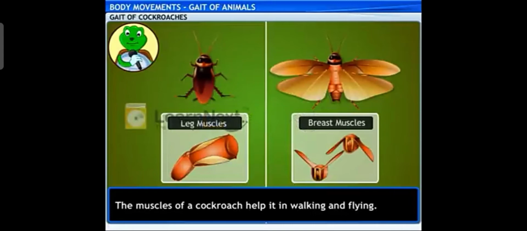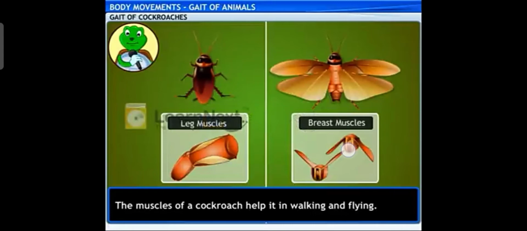So, we have said that there are 2 types of muscles in a cockroach: the leg muscles and the breast muscles. You can note that these are the legs, and these leg muscles help the cockroach to walk very easily. Walking is done by the legs.